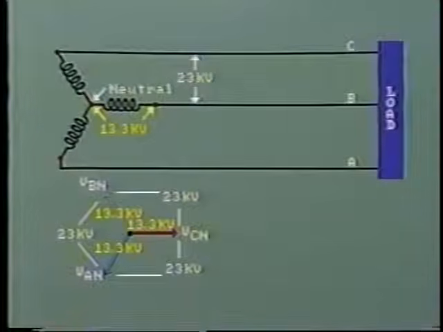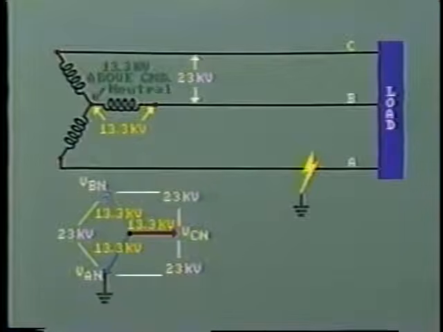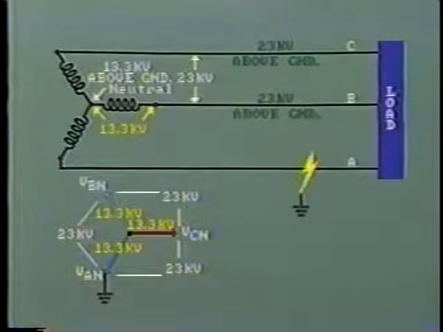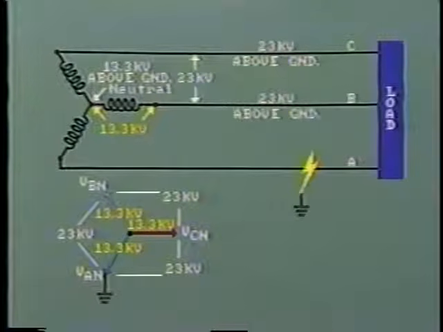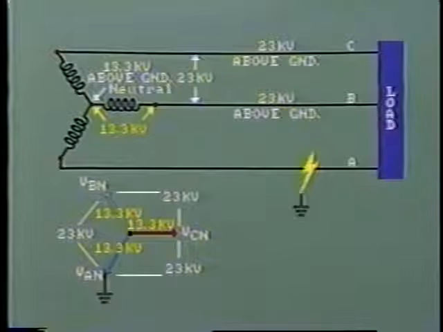Now, suppose a solid ground fault occurs on line A, reducing this line voltage to ground potential. The potential of the neutral will rise to 13.3 kV, and the line to ground voltage on lines B and C increases to 23 kV. This will greatly stress and possibly damage the line and equipment insulation.